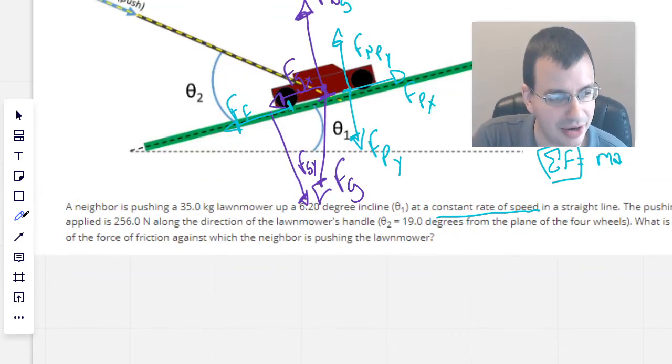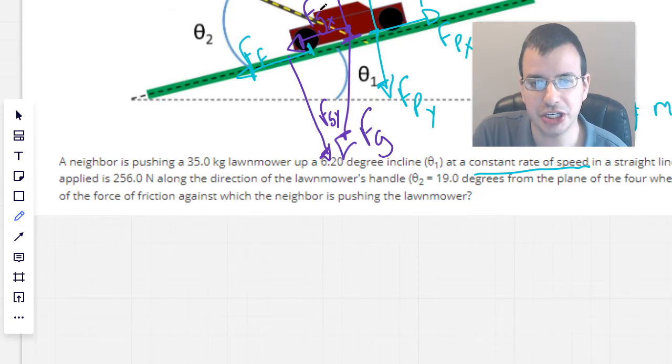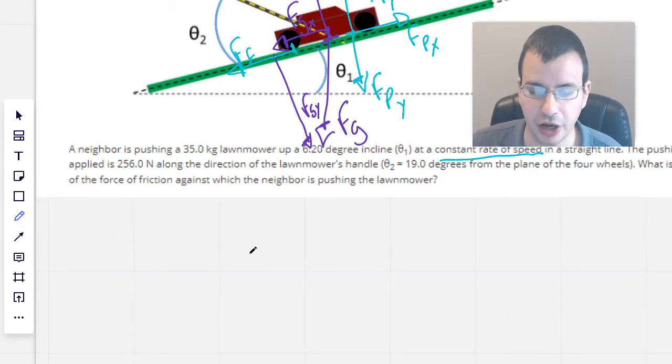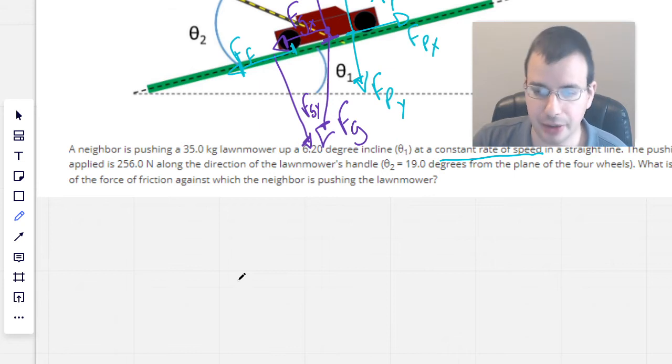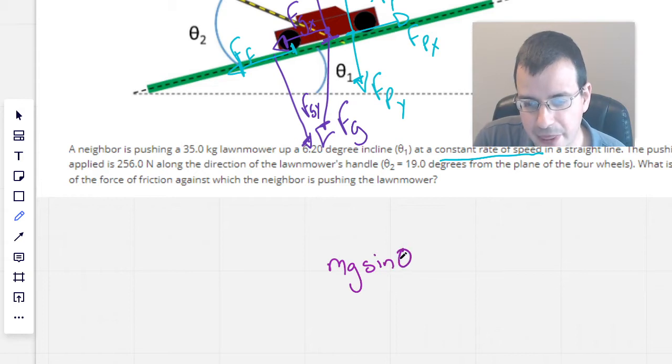Start by writing a balance of all of these forces. We have force Gx right here, which is pulling down. If you've done enough blocks sliding down a ramp problems, you know that that's going to be mg sine of theta, pulling it back.